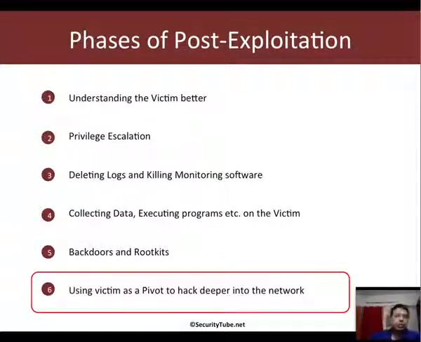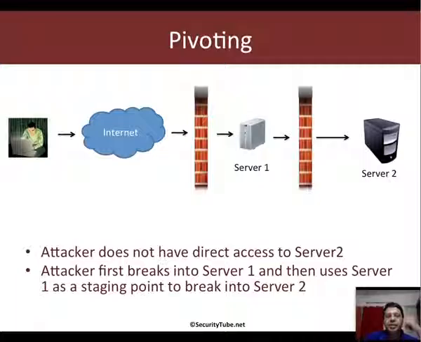Now we are at phase 6 of post-exploitation, where an attacker could use the victim to break further into the network. Let me give you a sample scenario to explain what I mean. Let's say the attacker wants to break into a network which has a DMZ in which there is server 1 which he can access, and then behind the second firewall you have server 2 which he's actually interested in.